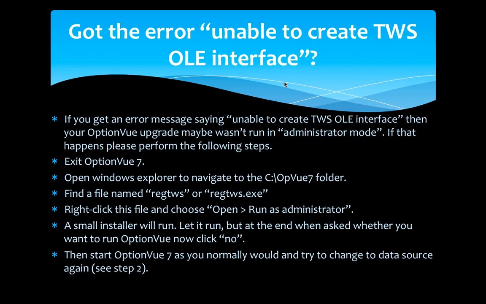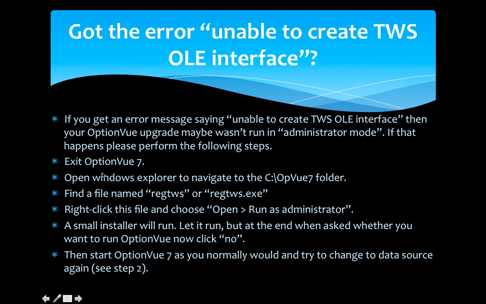Right, so at some point you might have errors, and we just came across one specific error when you're unable to create Trader Workstation interface. In this case, you will need to go through steps by steps, which are very, very simple.